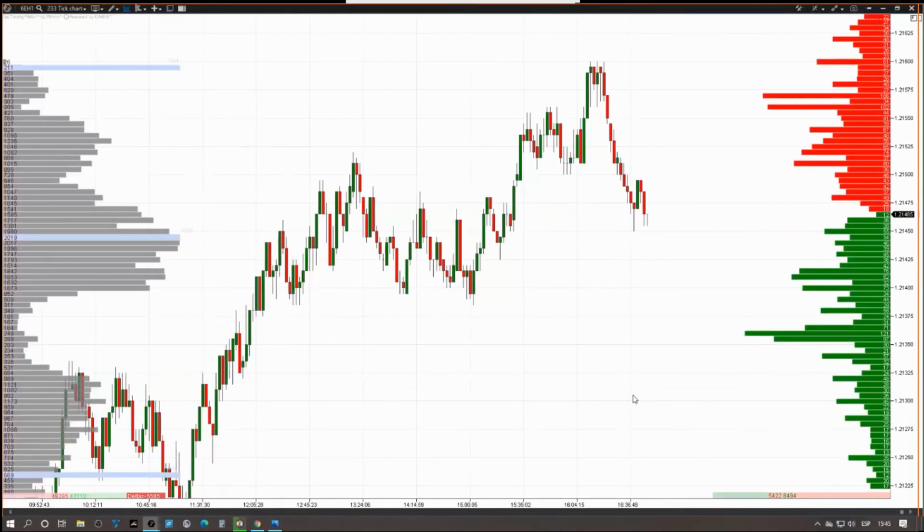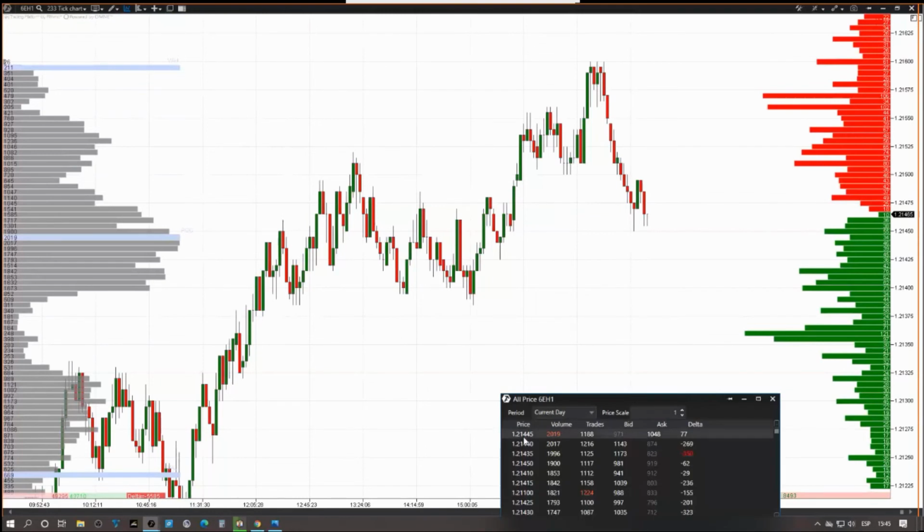Here you can see this is the price that we are talking about, and this is the volume. You can see 2019 lots. What were they doing? They were buying.